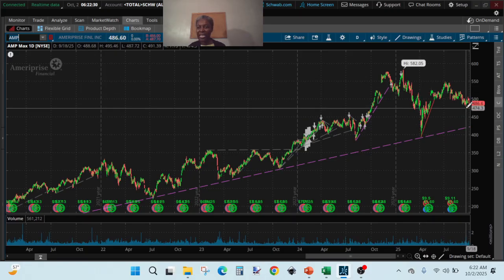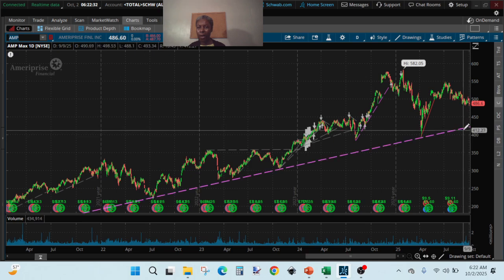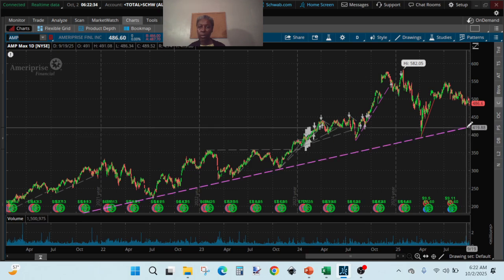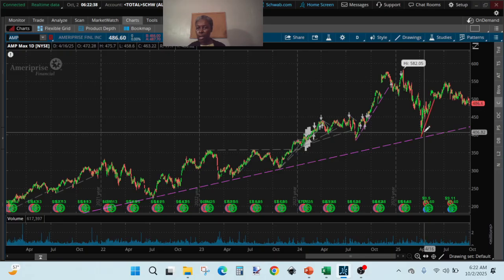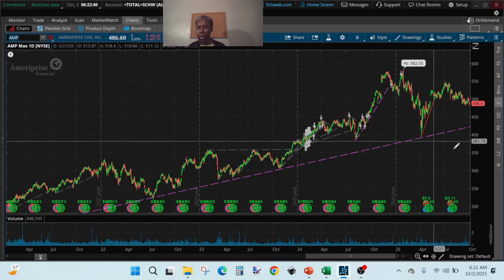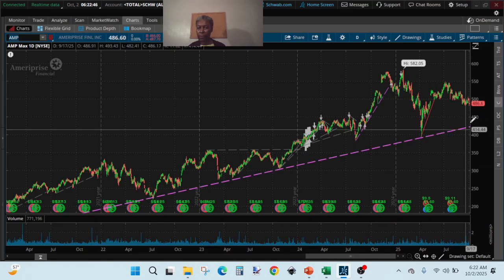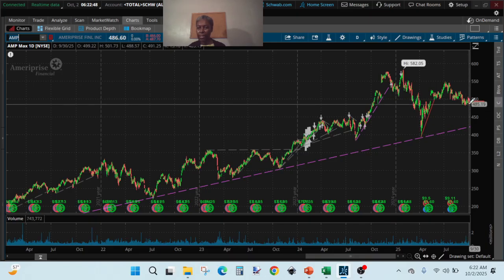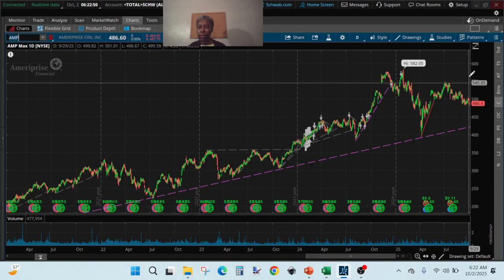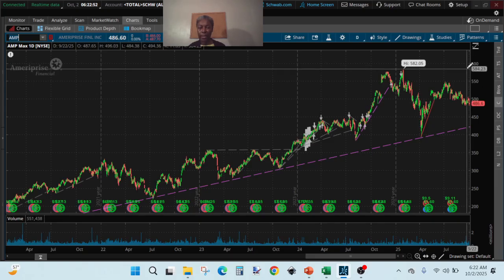At this point though, I will say it's kind of higher up compared to where I wanted to buy it. The price went down yesterday, but it's a little bit far from where I would like to buy it. Therefore, you can still buy it if you think the distance between the value line and there is lower than the distance from there to the next new high that you would like to sell it.